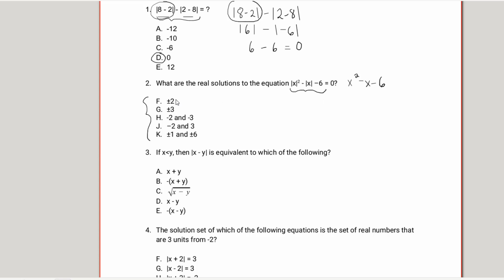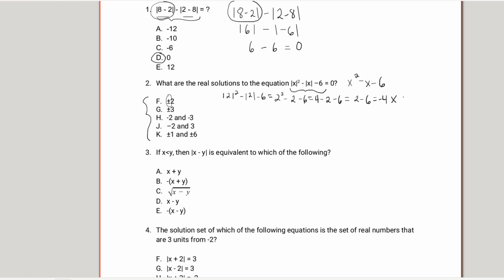So if we begin with just F choice, that looks as easy as any of them. We have to plug in both positive and negative 2. That's what the plus or minus means. So if I plug in a positive 2 here, everywhere there's an x, I'm going to get the absolute value of 2 is 2, so that will be 2 squared, minus, again, 2, the absolute value of 2, minus 6, and that gives us 4 minus 2 minus 6, which is equal to 2 minus 6, which is equal to negative 4.